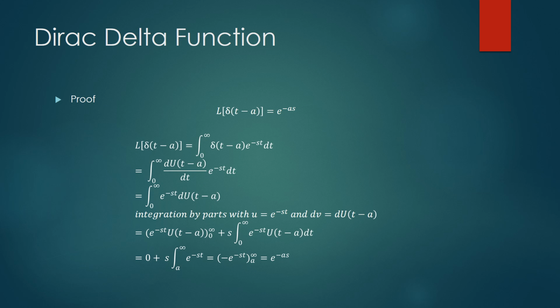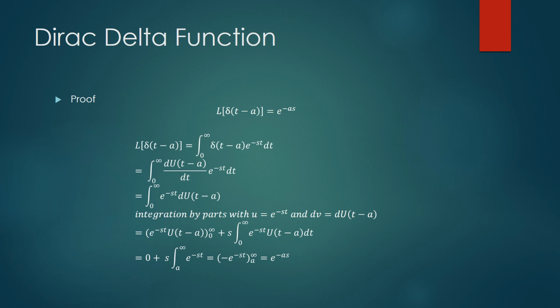The Laplace transform of the Dirac delta function is, as we can see, e to the power of minus as. To prove this, we use the definition of Laplace transform, that is the integral from 0 to infinity of the Dirac delta (t minus a) e to the power of minus st dt, and we substitute the Dirac delta with the derivative of the unit step function.